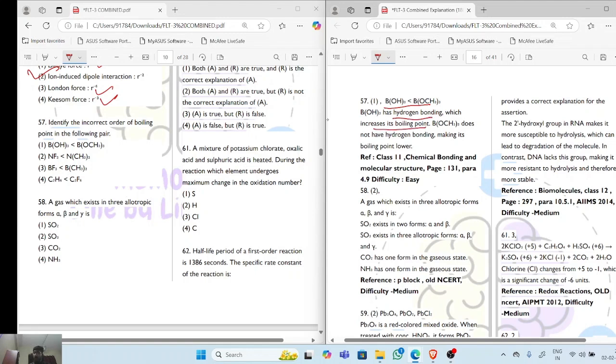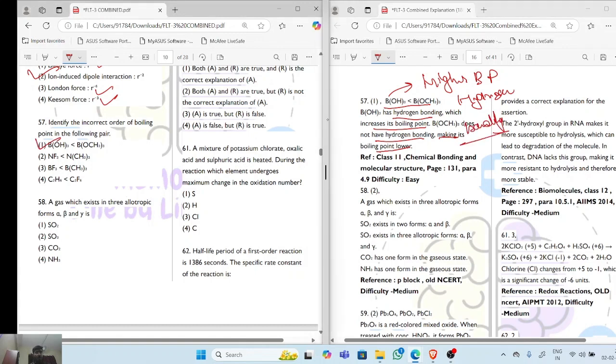BOCS3 does not have hydrogen bonding, making its boiling point lower. So this has a higher boiling point because of hydrogen bonding. So option number 1 is the correct answer.